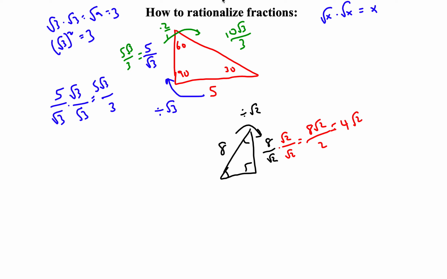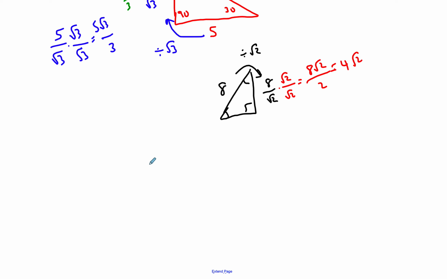All right, some more general examples. Let's go with 8 over 3 square root 3, and you wanted to rationalize this because right now you have the square root of 3 in the bottom.